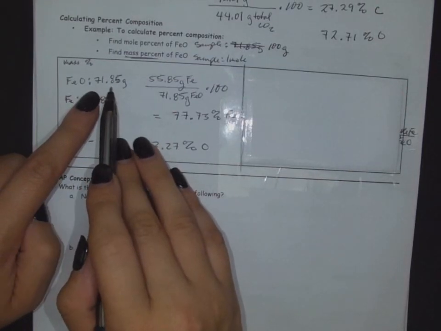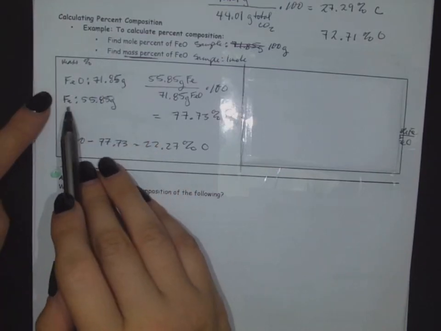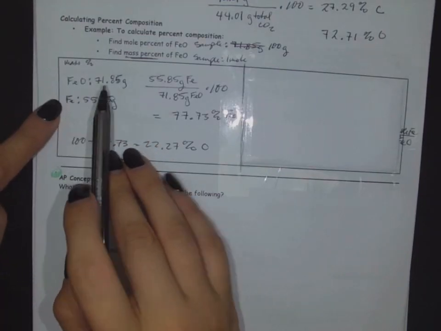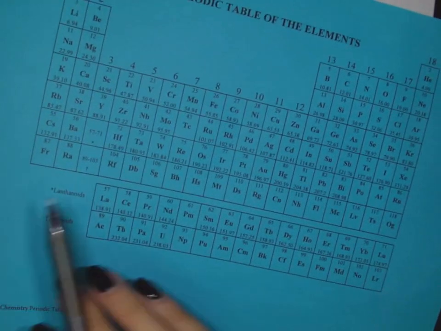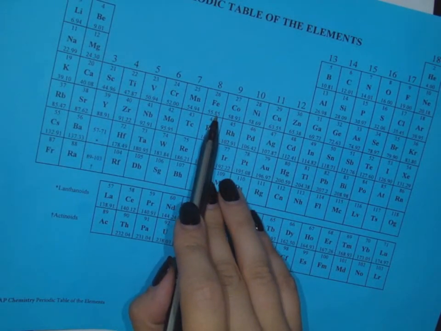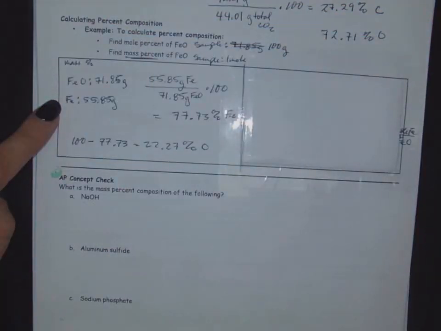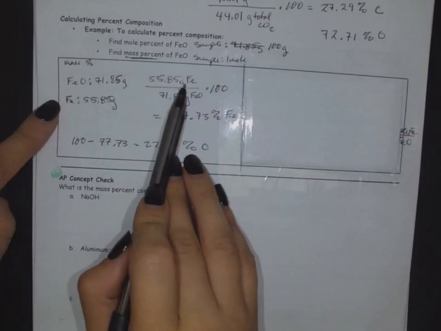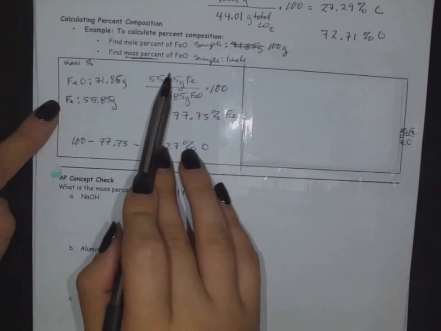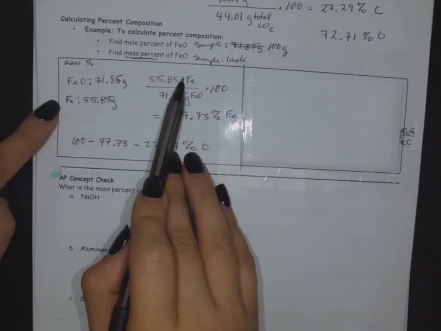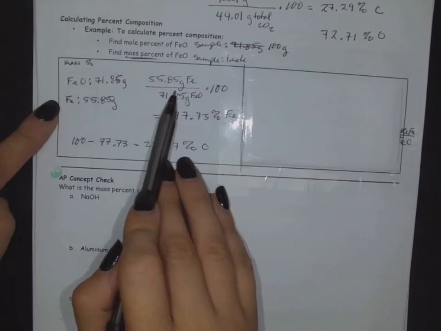Lovely. Now, what is the mass percent of iron? Well, of that 71.85, 55.85 grams of it is the iron. So you take the grams of the item, the portion of the total, and you divide it by the total.